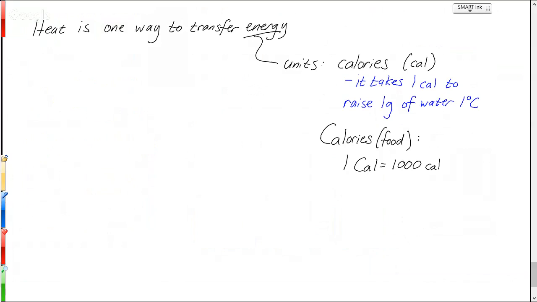Everywhere else in the world calls these what they should be called, which is kilocalories or kcals. You'll even see that on most nutrition labels now. The food calories that we count are actually kilocalories. But when we measure heat transfer in the lab, the original calorie unit is just talking about raising 1 gram of water 1 degree C, and that's the little c calorie.